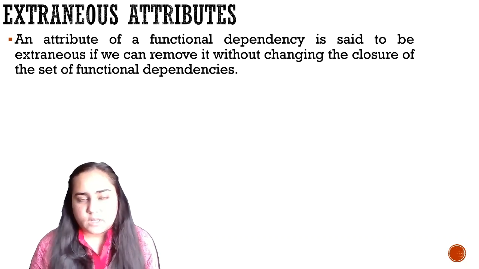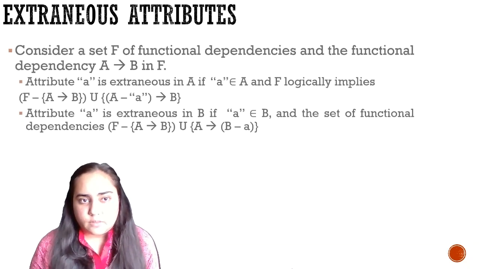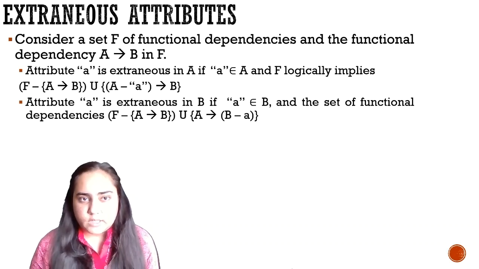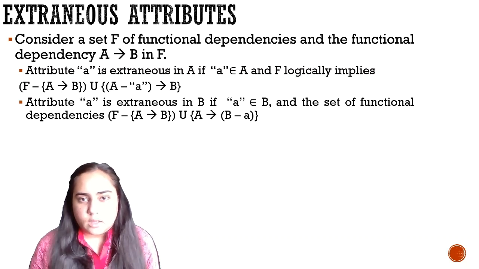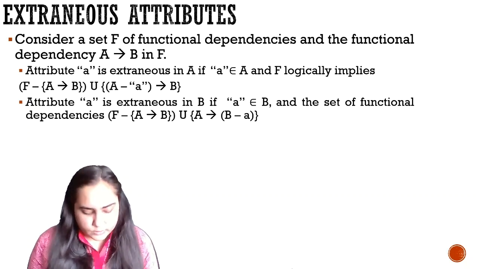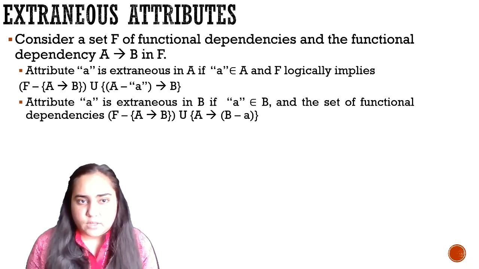Now, the two rules that I was talking about are these. Consider a table which contains a functional dependency, A determines B. Now, we're not talking about a database, it's one table. So for one table, there's a dependency, A determines B. Now, consider an attribute, small a, that you can see right here.